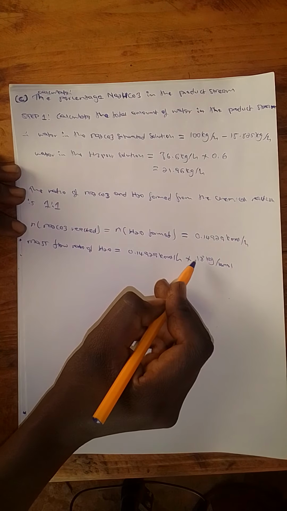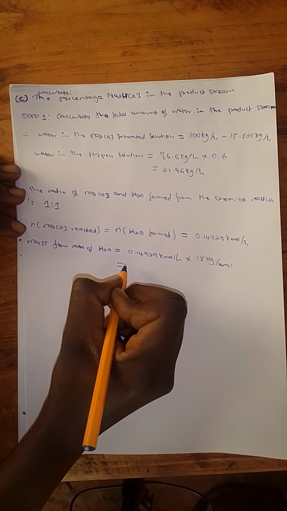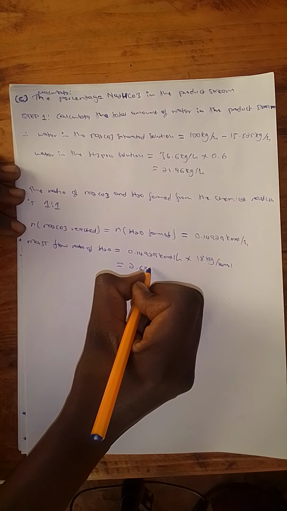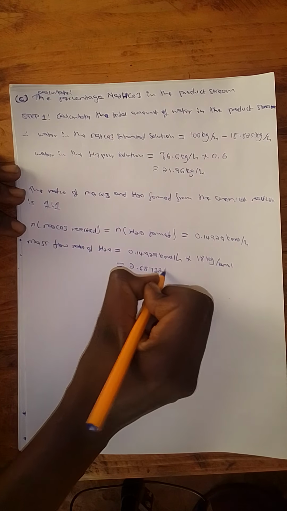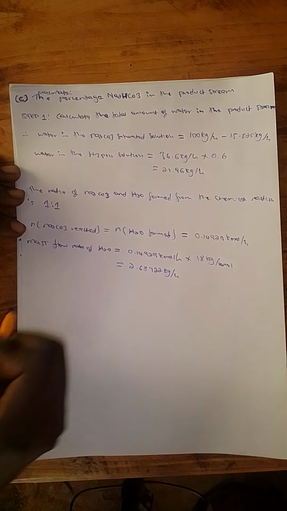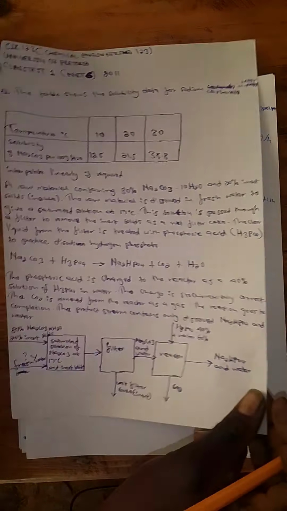We know that the molar mass of H2O is actually 18 kilograms per kilomole. So now if you use your calculator, that gives you 2.68722 kilograms per hour. So that becomes the mass of the water from the chemical reaction.